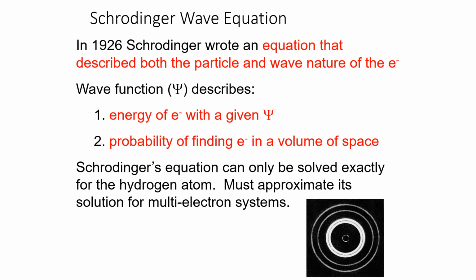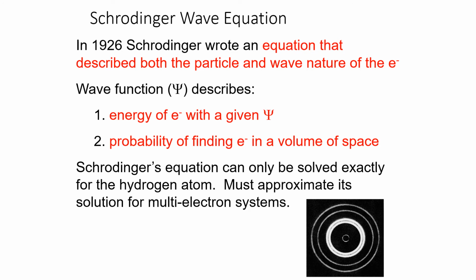The solutions to Schrödinger's wave equation are called wave functions, and they describe how the matter wave of an electron varies with location and time around the nucleus. Essentially, these solutions define energy levels of the hydrogen atom. The square of the wave function defines what we call an orbital, and that is the space around the nucleus in an atom where the probability of finding an electron is high.